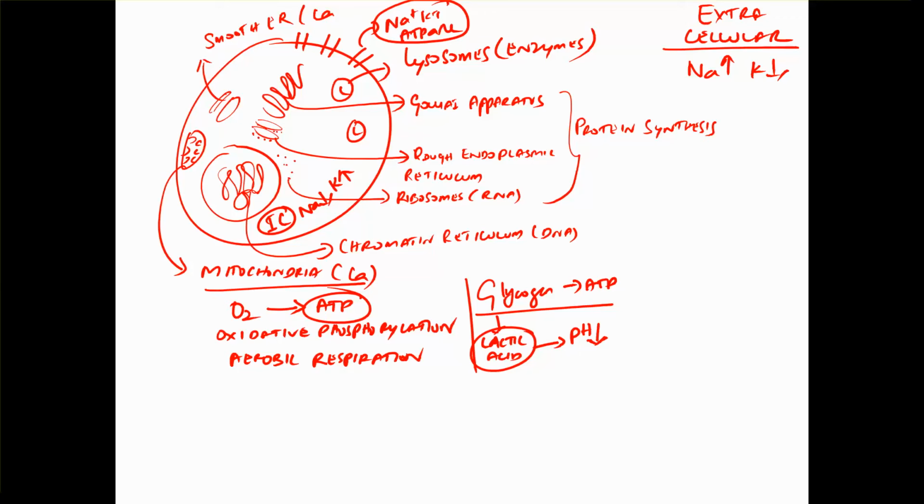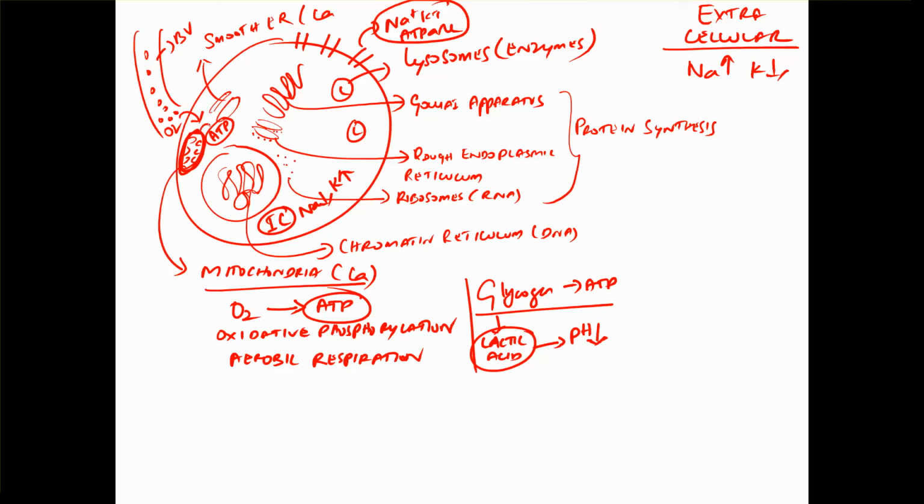So when the cell receives good blood supply from the blood vessels, which have RBCs, the RBCs have hemoglobin. Hemoglobin contains oxygen, and the oxygen freely diffuses to the cell and goes to the mitochondria. In the mitochondria, the ATP is produced.